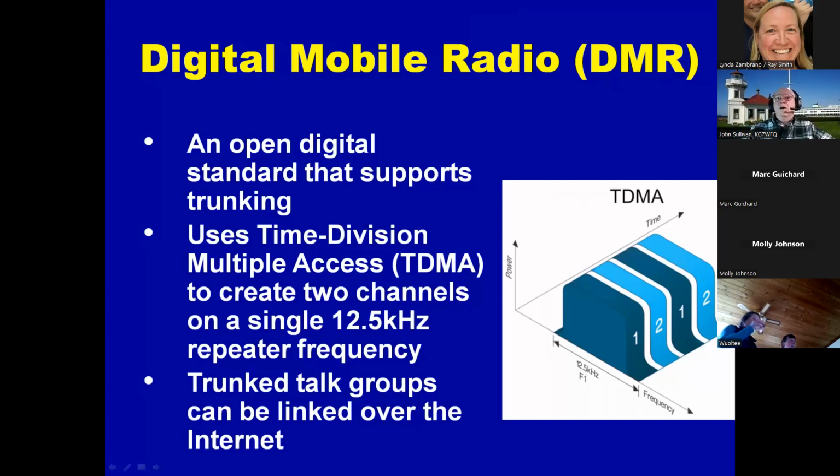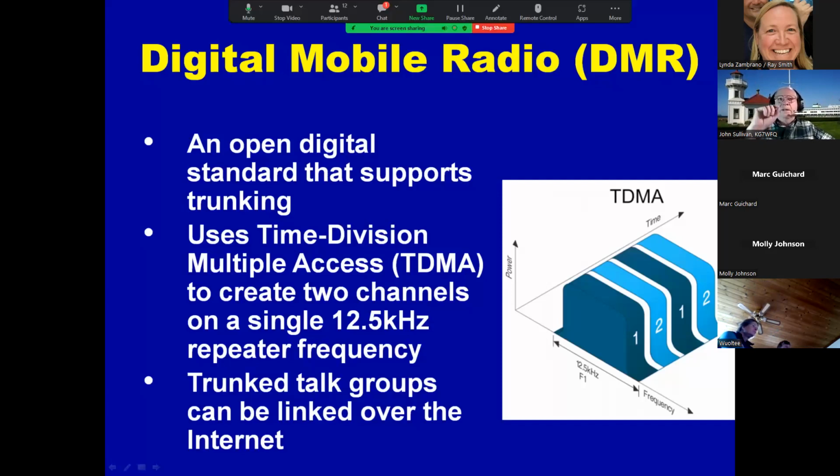The thing about DMR radio is it uses what's called TDMA, or time division multiple access. It creates two channels on a single frequency that's 12.5 kilohertz wide. So basically you can have two conversations going on at the same time, because each one of them is transmitting on and off, I think every 30 milliseconds or something, alternating.